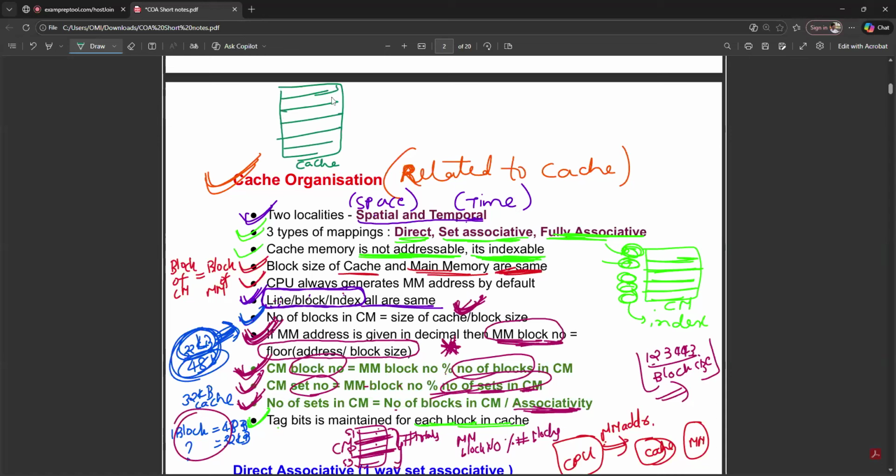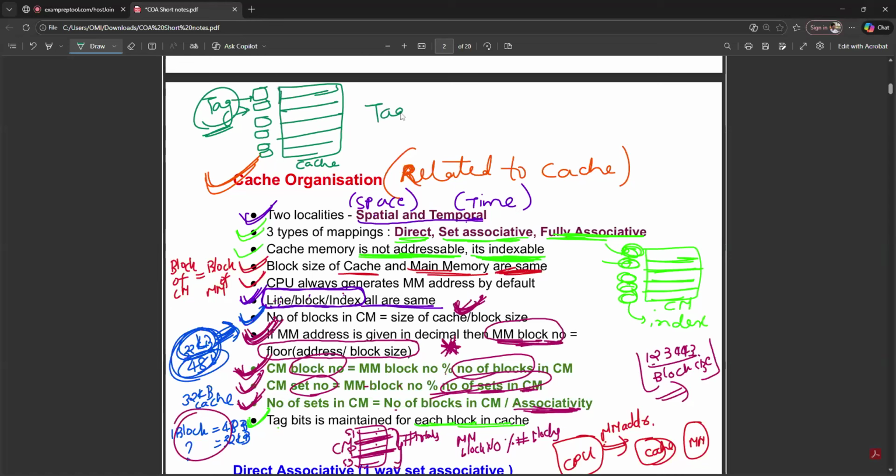This thing is called the tag. A tag is maintained for each and every block in the cache.